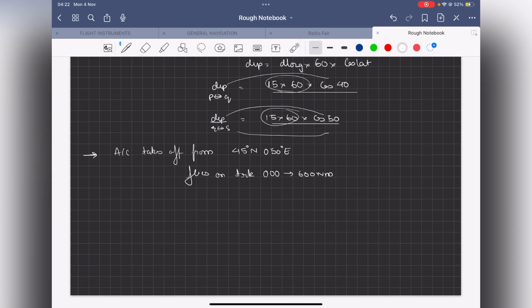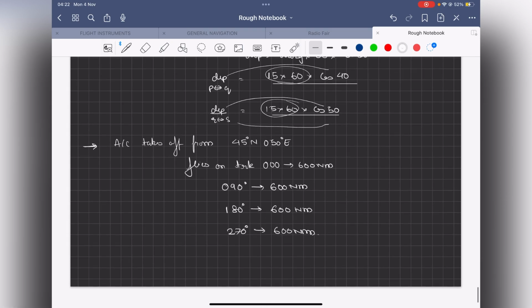Thereafter flies for 090 track for again 600 nautical miles. Then flies on a track of 180 degrees for 600 nautical miles, and then flies a track of 270 degrees again for 600 nautical miles.